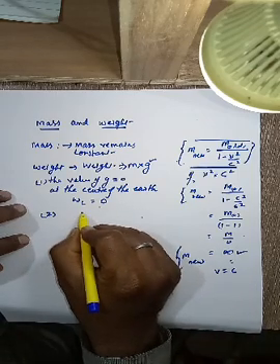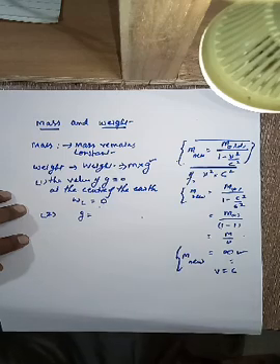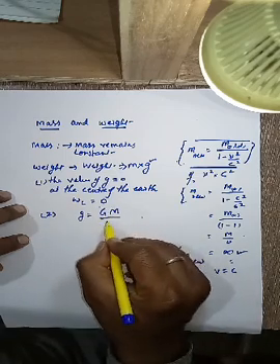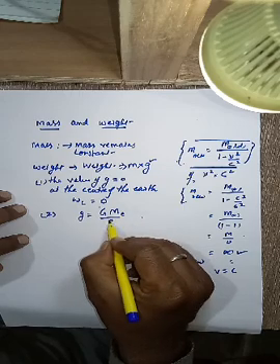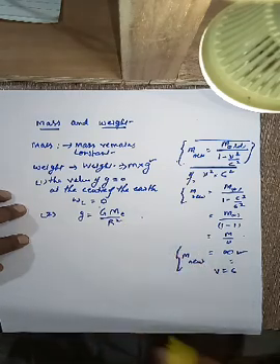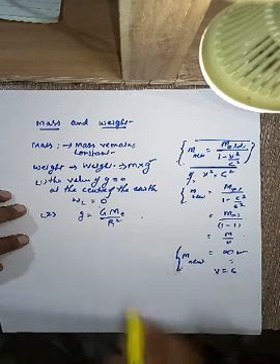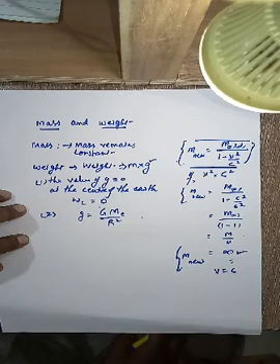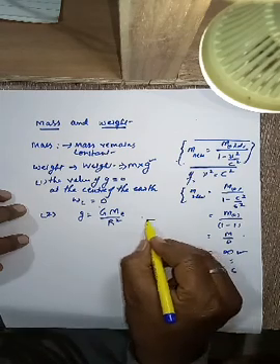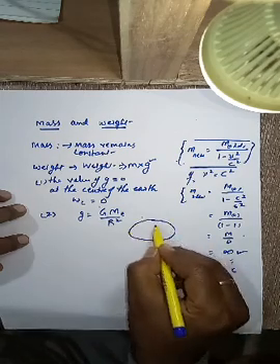We know a formula, that is g equals capital G mass of earth upon radius square. According to this, g is inversely proportional to the radius of the earth, and we know the shape of earth is like that.